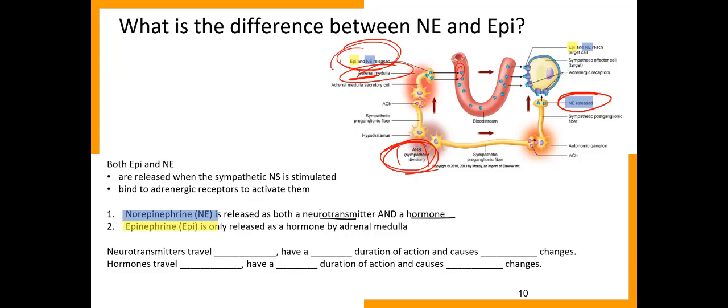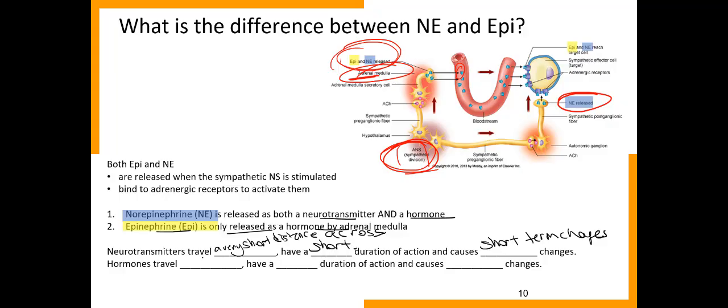So a neurotransmitter by the axon terminal, hormone by the adrenal medulla, whereas epinephrine is only released as a hormone by the adrenal medulla, right? Neurotransmitters travel a very short distance across the synapse, have a short duration of action, and cause short-term changes.